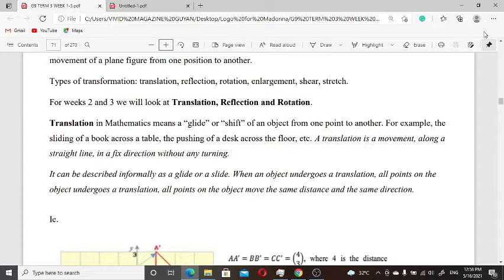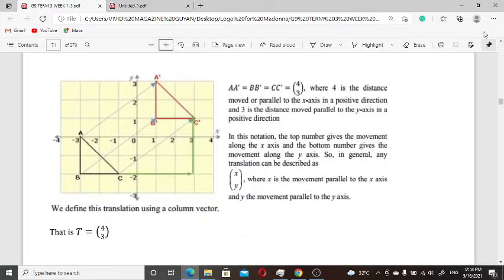When an object undergoes a translation, all points on the object move the same distance and the same direction. Now, I know that's a lot for you to process, so I'm going to get right into what it means. All of the fanciness that you've been reading is what I'll be demonstrating to you very shortly.